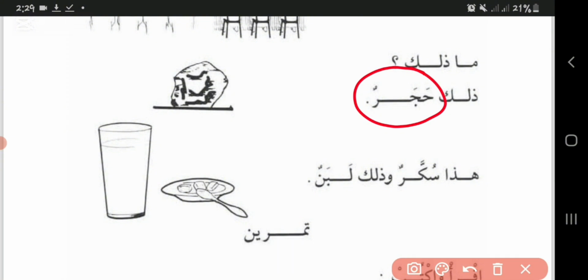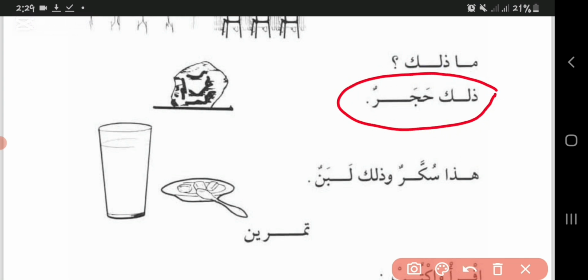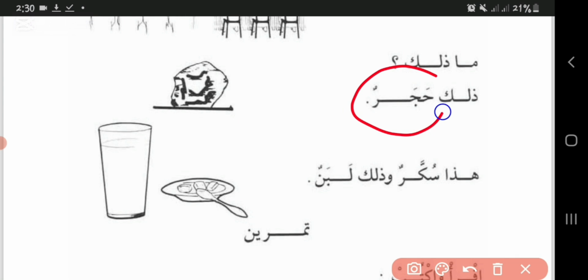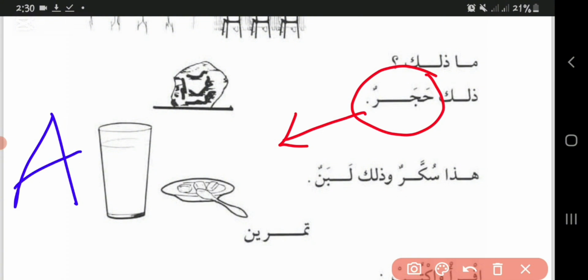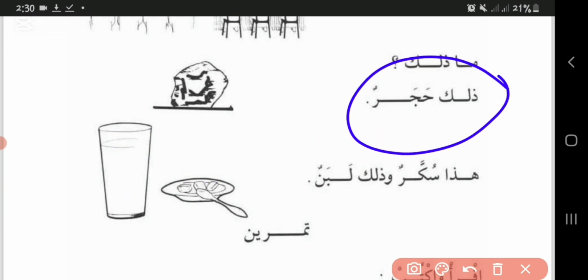So ذلك hajarun, that is a stone. So now hajarun is a new word which means a stone.